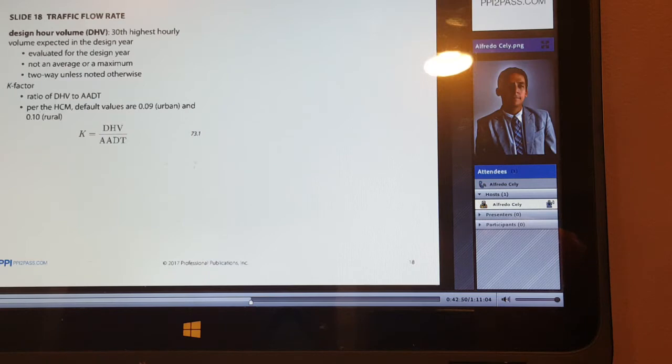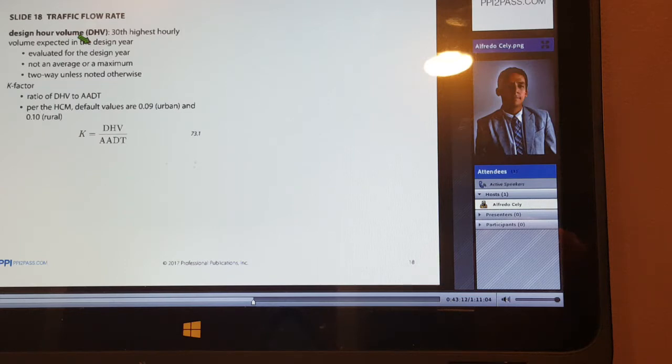And that takes us to the K factor. The K factor is simply a ratio of the design hourly volume to the average annual daily traffic. Note how for the K factor, you need to use the average annual daily traffic because the design hourly volume is also being seen in a perspective of a year.